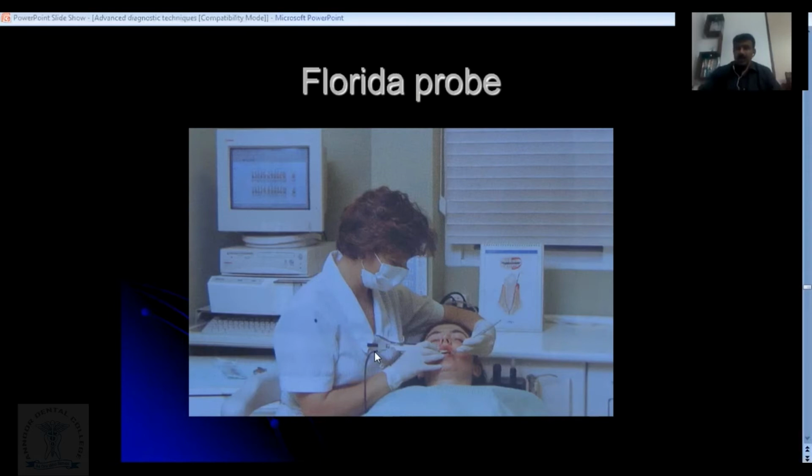This is so large, but it gives a lot of data. But because it's so large and bulky, it does not fit in the NIDCR criteria. You can see a wire going like this, attached to that computer. It's an old type of computer, and according to whichever tooth is being probed, the software will measure and give the reading. That is a Florida probe.